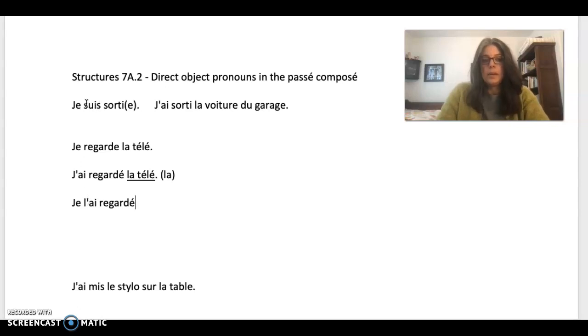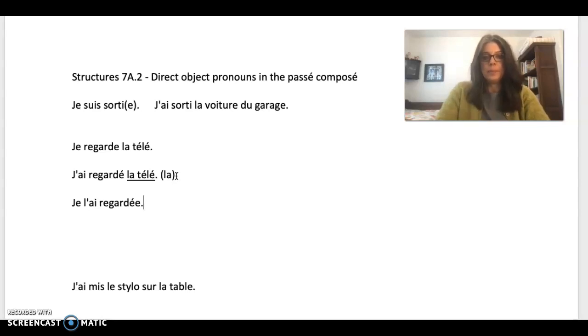So up here, we were making the past participle agree with the subject, and you do have to do that with all of the, I call them Dr. and Mrs. Van der Tramp verbs, all the ones that take être, right, that list. You can use that trick, Dr. and Mrs. Van der Tramp, to memorize these guys. They do have to agree with the subject. In this situation, the past participle is actually agreeing with the direct object pronoun. So this was feminine because it was la télé, so we need to add an E on regardé.